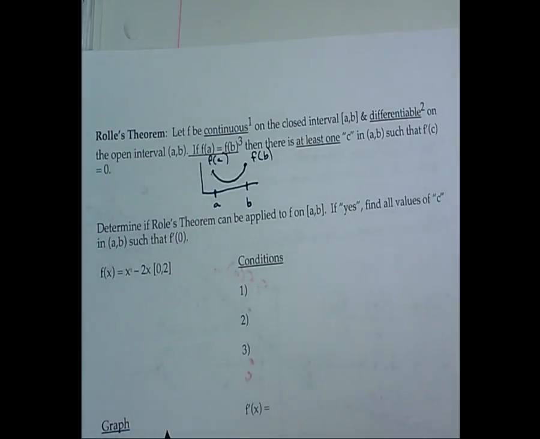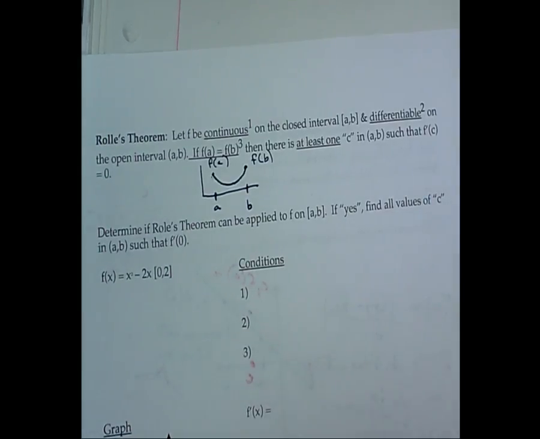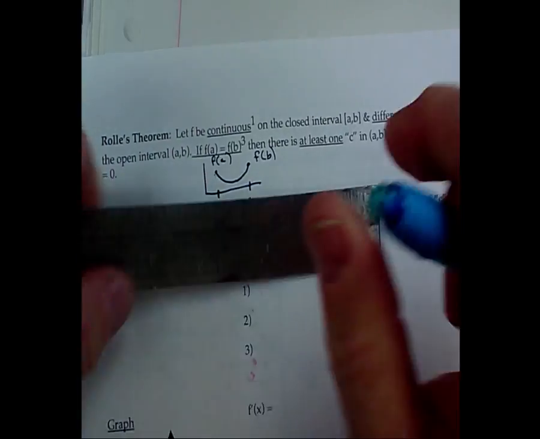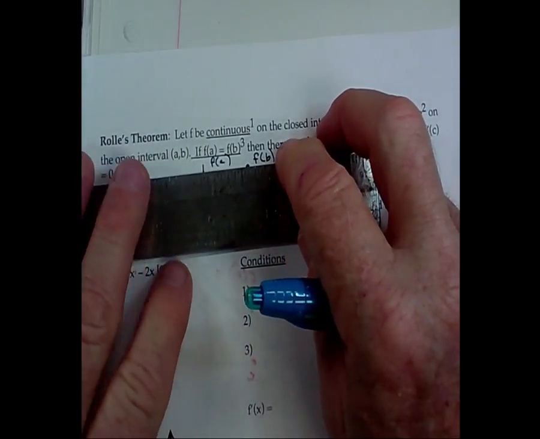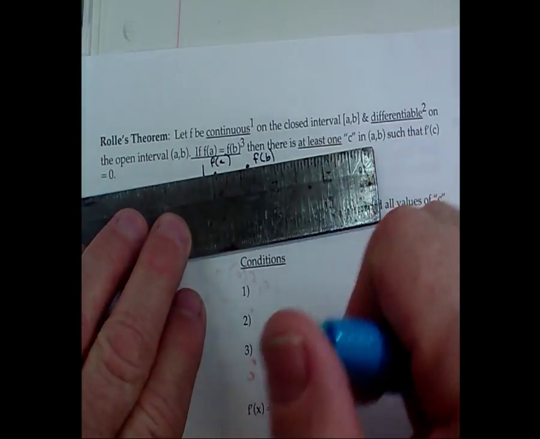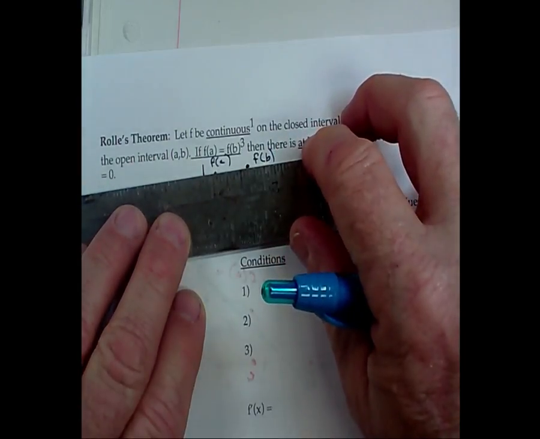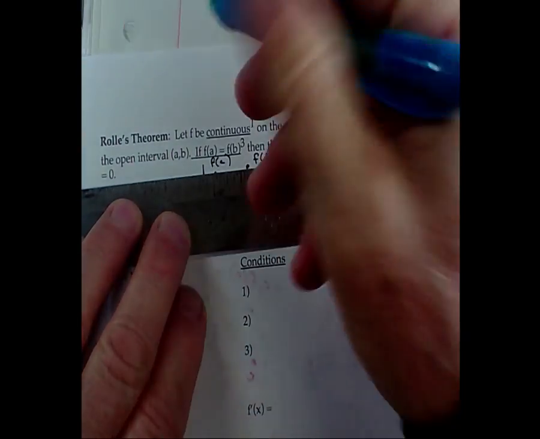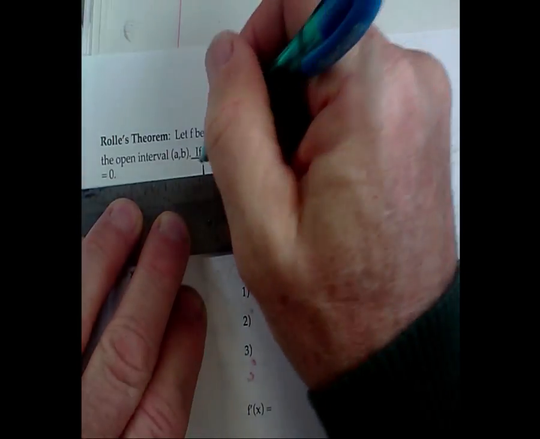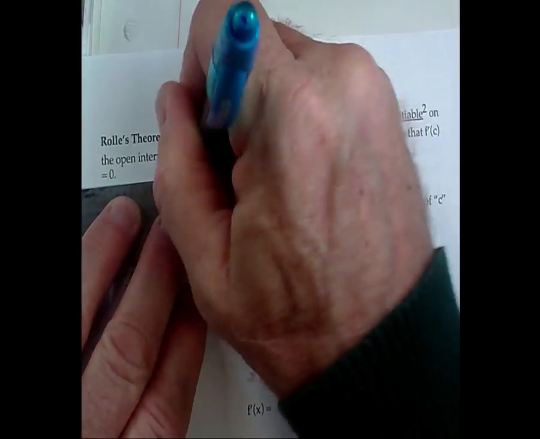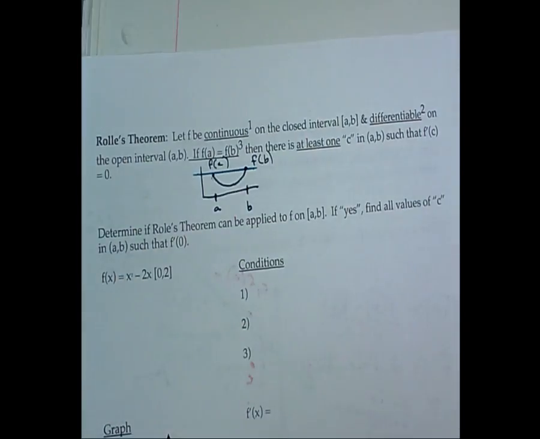Now, I'm going to draw in the secant line. I'm going to use blue. There's my secant line. So in other words, I have this.